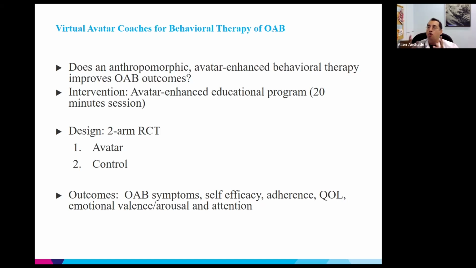And we had two arms. We had one arm which had avatars that looked like the patient providing the educational material, and we had a control arm which did not have these particular avatars. And we checked and monitored the standard outcome measures that we normally do with overactive bladder. We looked at overactive bladder symptom monitoring, diaries, self-efficacy, adherence, and impact on quality of life.